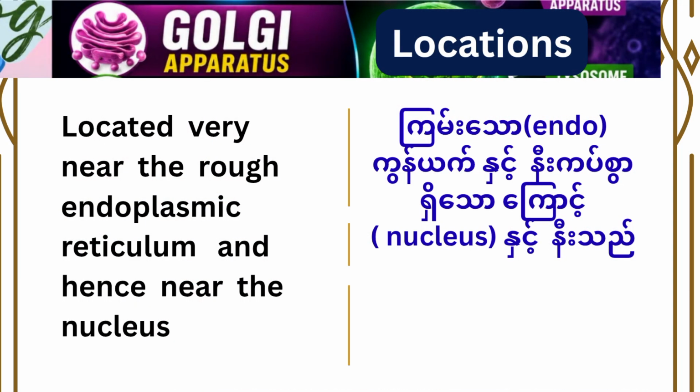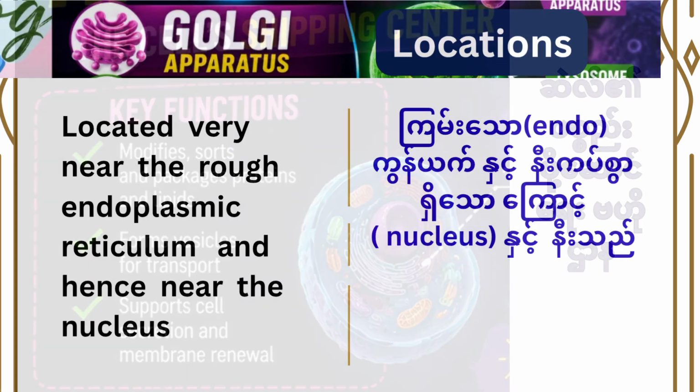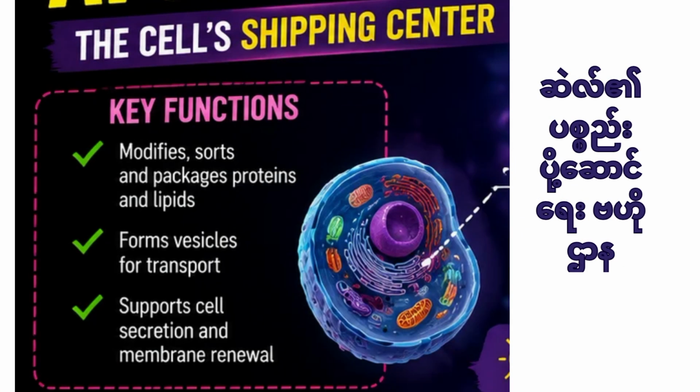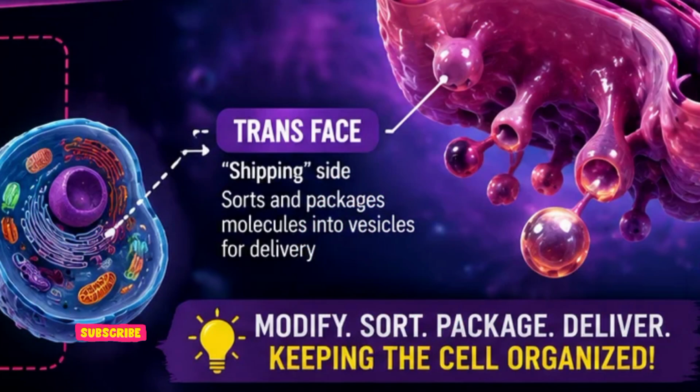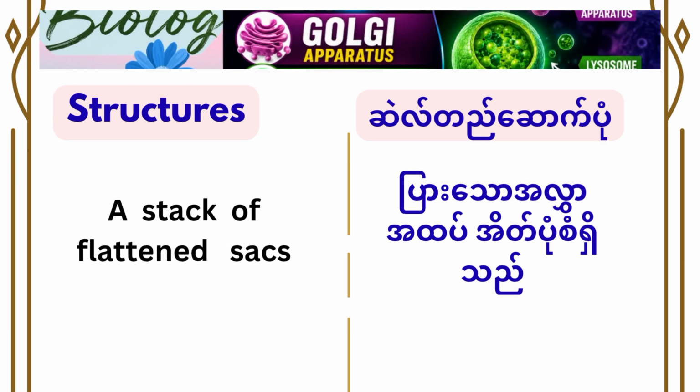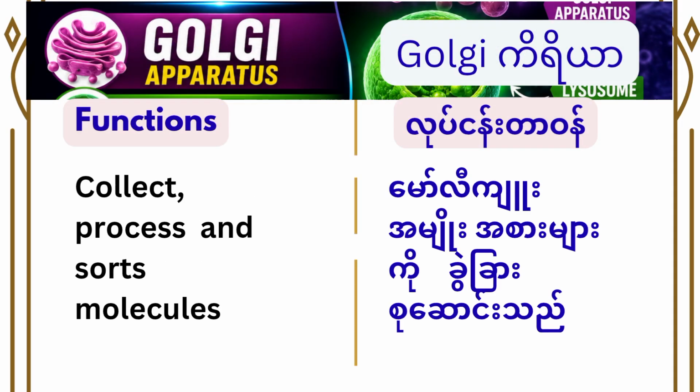Locations: located very near the rough endoplasmic reticulum, and hence near the nucleus. Structures: a stack of flattened sacs. Functions: collect, process and sort molecules.